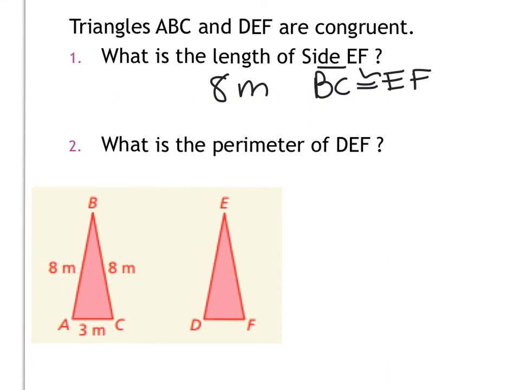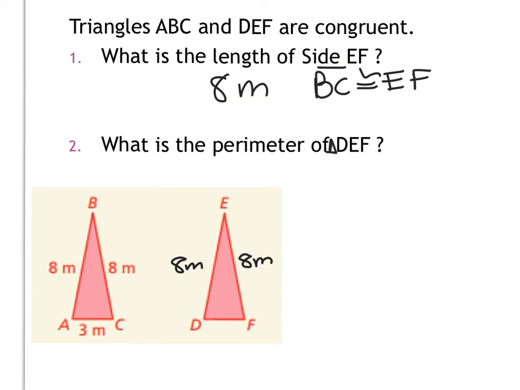What is the perimeter of DEF? And I should probably have a little triangle right there, so triangle DEF. Again, if I'm thinking about those corresponding sides, we already figured out that this one was 8 meters. The opposite side here, DE, would also be congruent to AB, which is 8 meters as well.